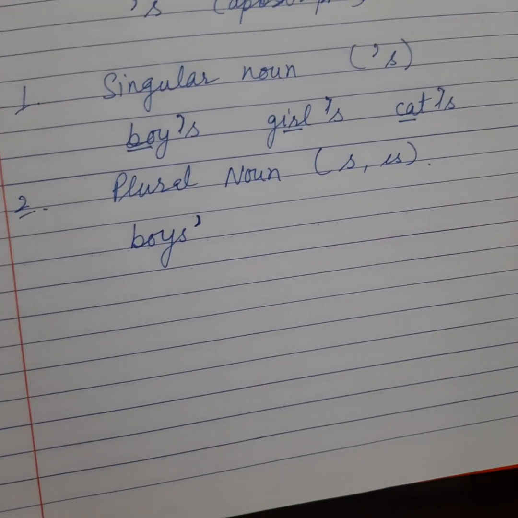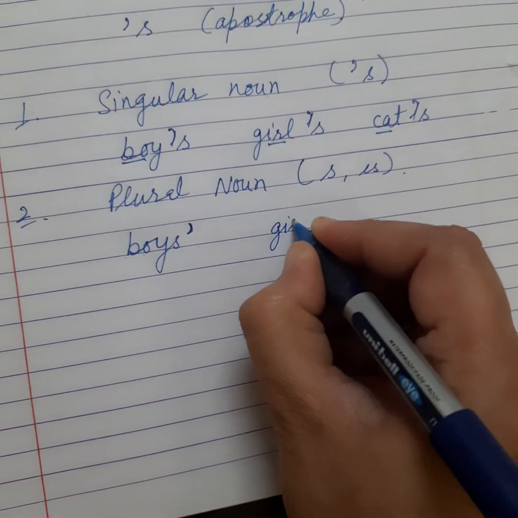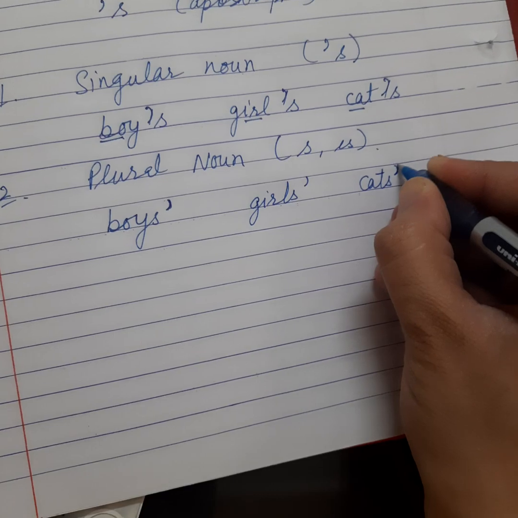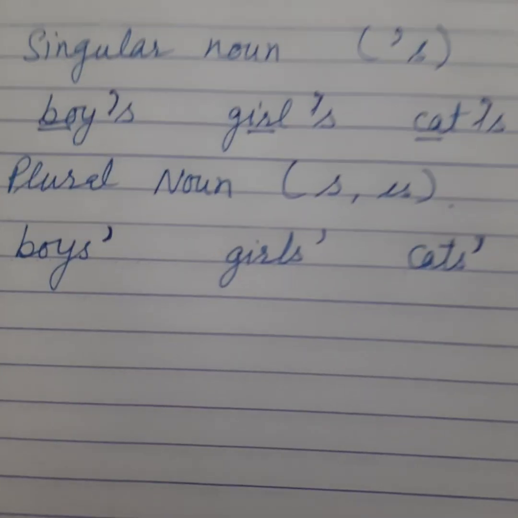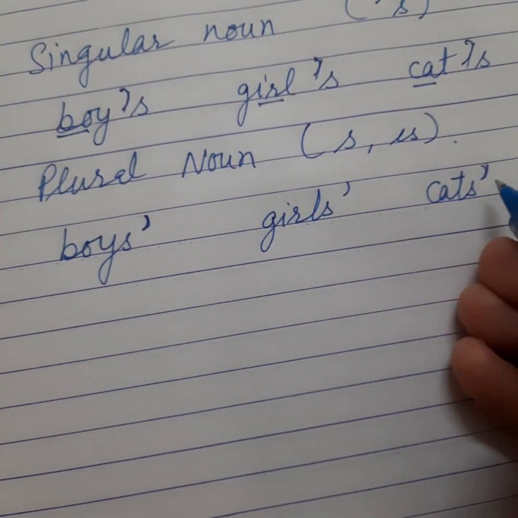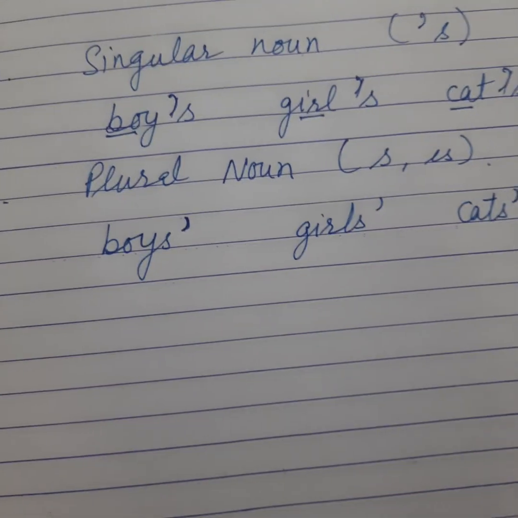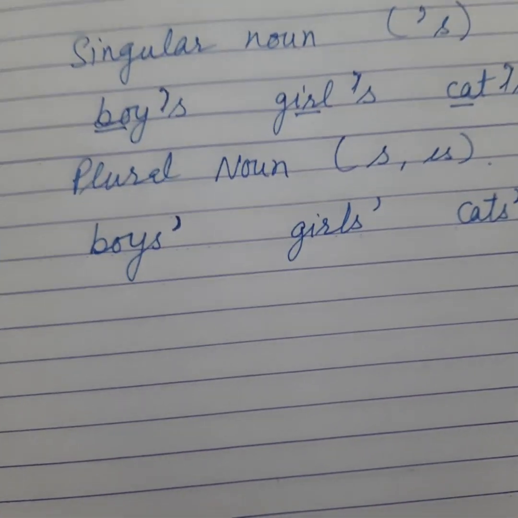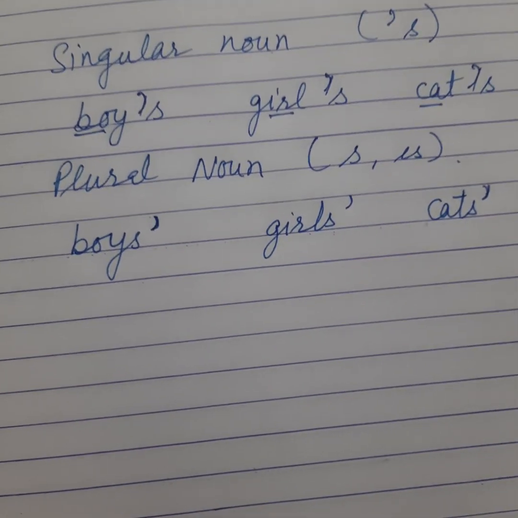Boys, girls, cats. In that case, to show possession, we will just add an apostrophe at the end of those plural nouns which end with s, double s, or es.